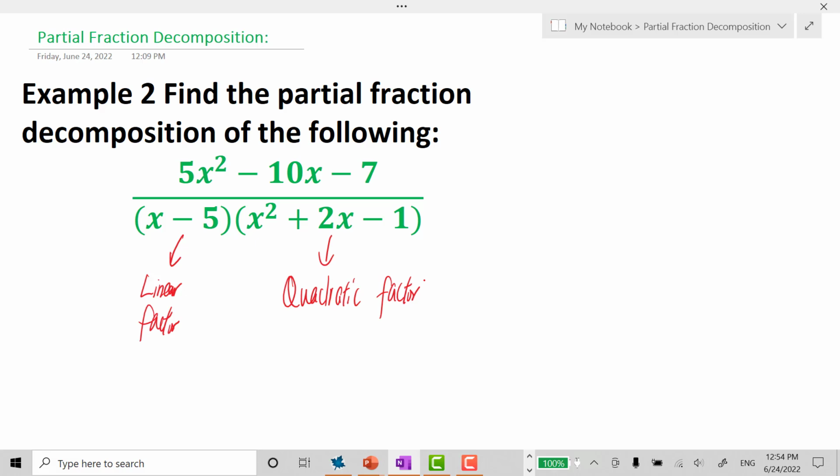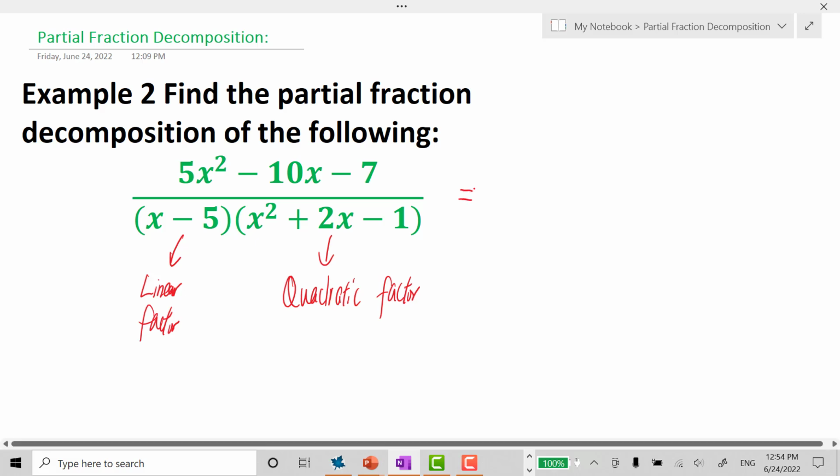First of all, we know that on top of the linear factor must be a constant, so A over. And then on top of the quadratic factor, it's a linear term, so Bx plus C over x squared plus 2x minus 1.